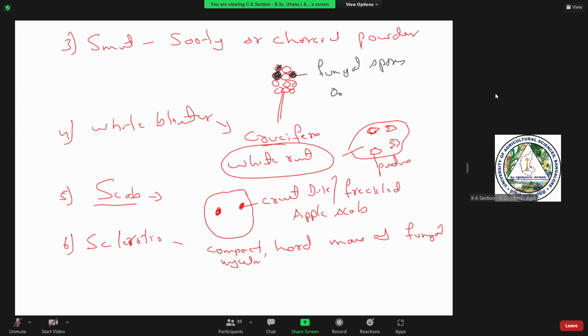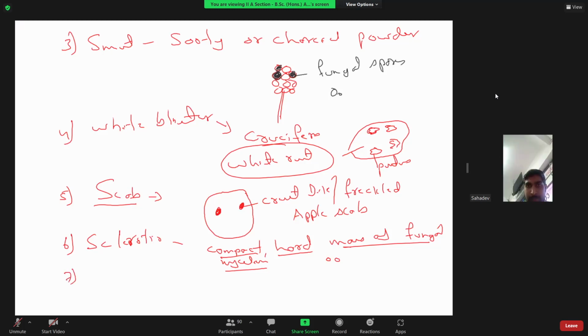You can just imagine it as similar to your mustard seed or a ragi seed. It exactly resembles the same. But it is a compact, hard mass of the fungal mycelium. That is, the mycelium becomes like a ragi or a mustard seed. So it is black or dark brown or purple in color, which is one of the structures of the fungus again.